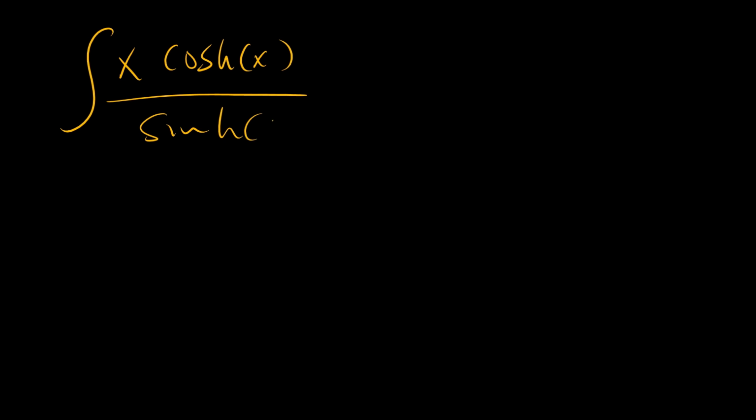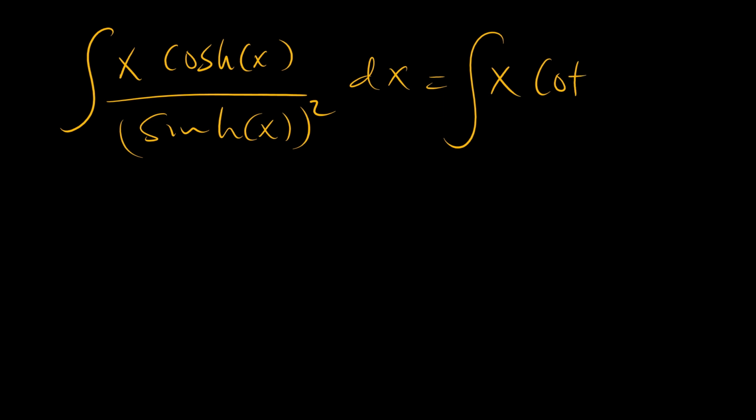Indefinite integral of x times hyperbolic cosine of x over the hyperbolic sine of x squared, right? And this we could express as x times the hyperbolic cotangent of x, hyperbolic cosecant of x.